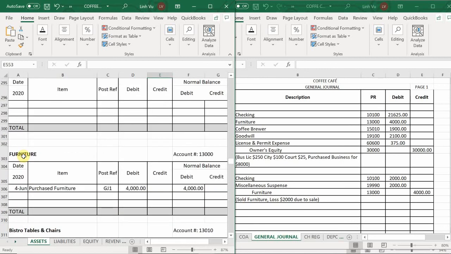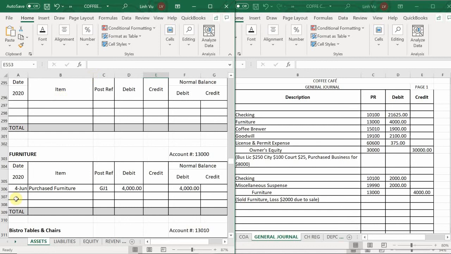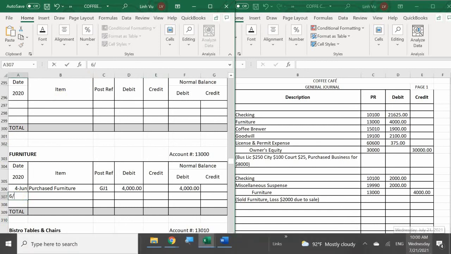There you go. My furniture account is right here. Okay, so furniture. This time I sold my furniture, so I'm going to make that note right there. I sold the furniture. And this is general journal number 1.